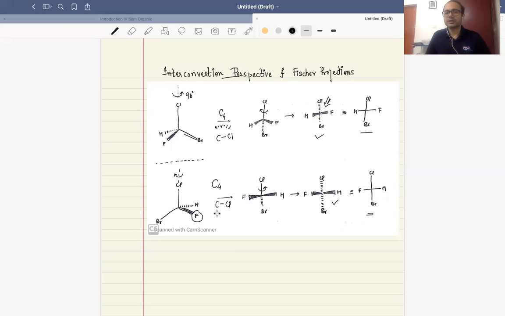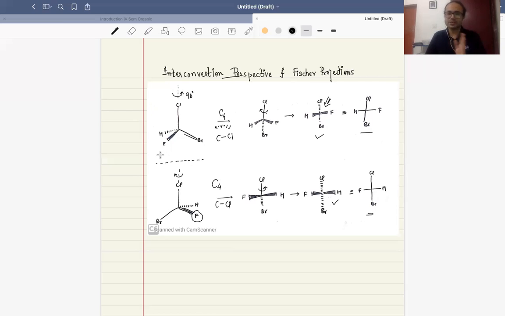Okay, so you can follow this particular pathway in the front direction. If you go, it leads to the Fischer projection formula, and if you go in the backward direction, it becomes a perspective formula.